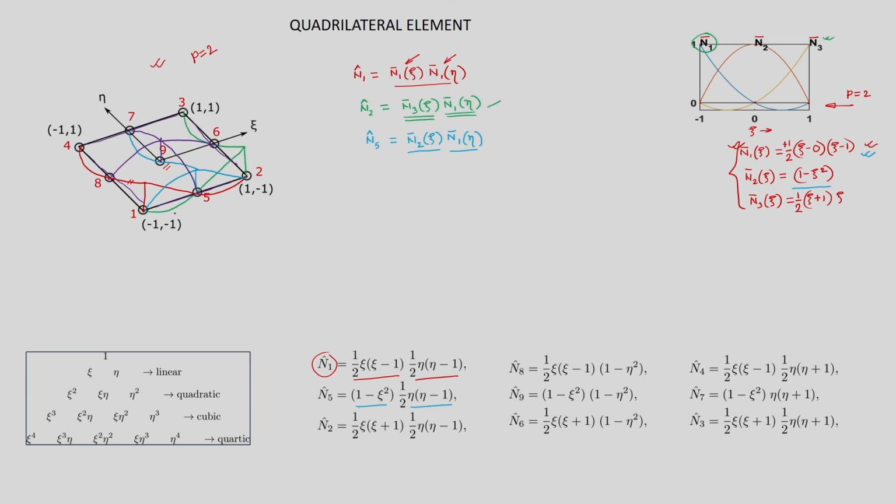Now since the boundaries are defined by xi equal to plus minus 1 and eta equal to plus minus 1, N9 is 1 minus xi square into 1 minus eta square. So those are basically the N2 bar in xi and eta direction respectively, alright. So this way we can construct all the shape functions.